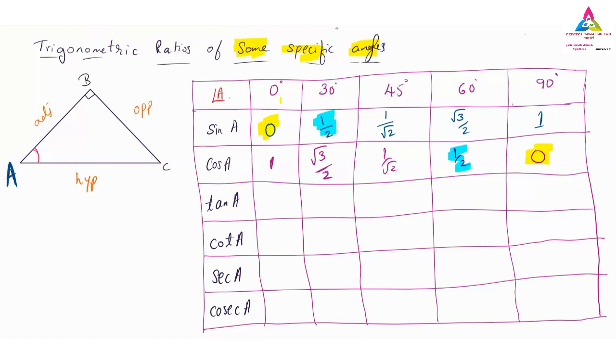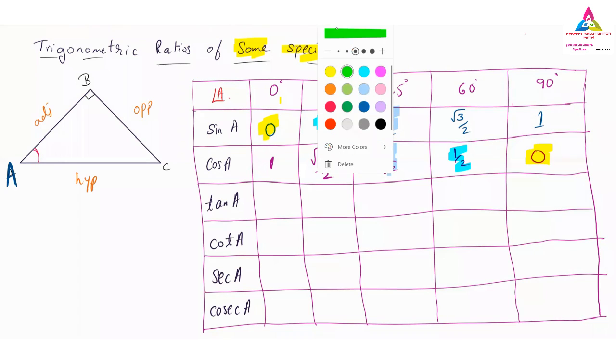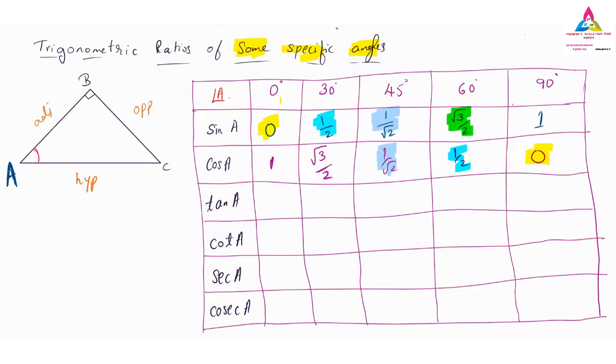Then sine 45 and cos 45 are similar itself. Again coming forward, sine 60 and cos 30 are similar. And lastly, we move on to sine 90 and cos 0 degree. Both are similar, reversed with respect to one another.